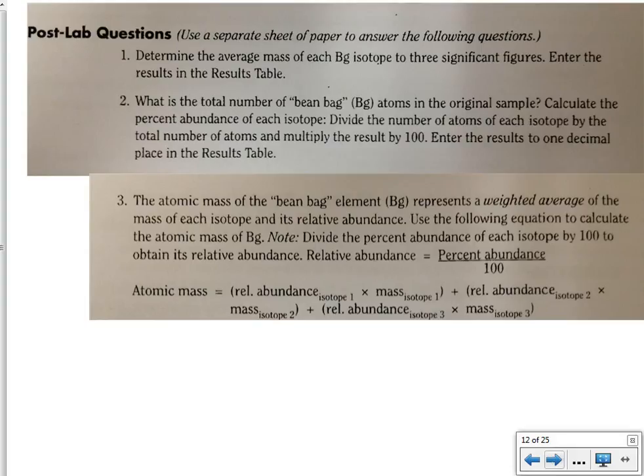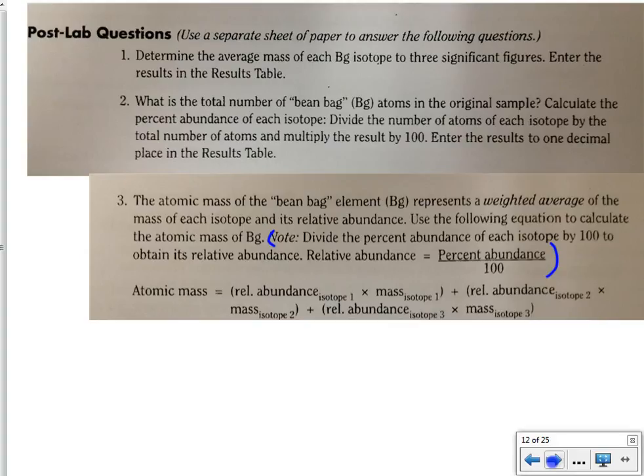Postlab question number 3. The atomic mass of the beanbag element represents a weighted average of the mass of each isotope and its relative abundance. We're going to use this equation that follows to calculate the atomic mass of Bg. To do that, we will divide the percent abundance of each isotope by 100 to obtain its relative abundance. We do not have to do that because we have already done that, so that part may be skipped.